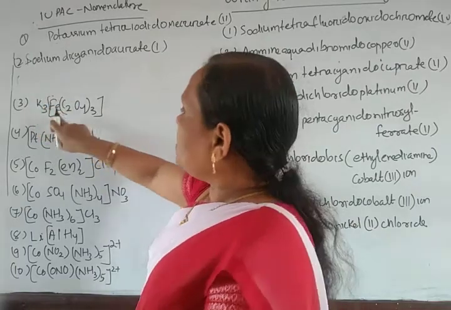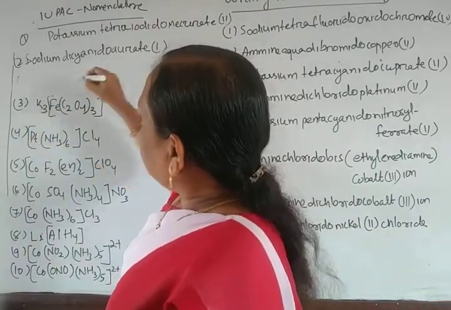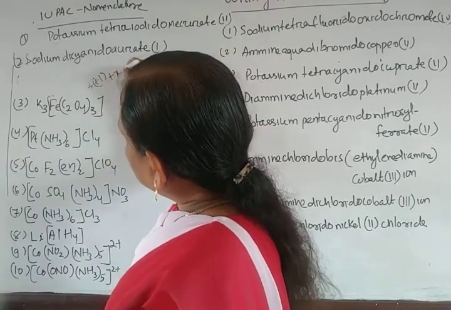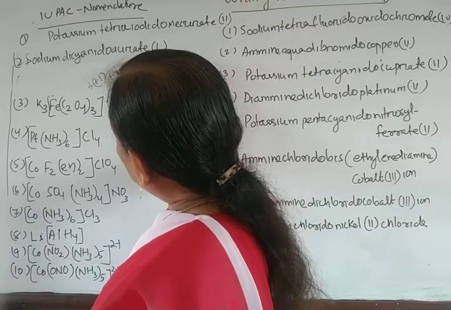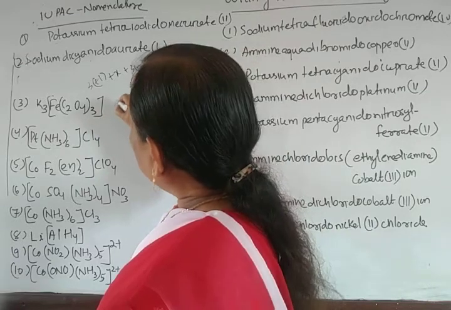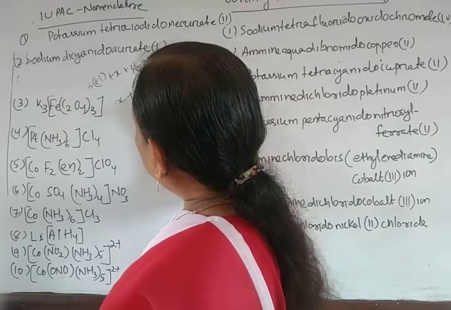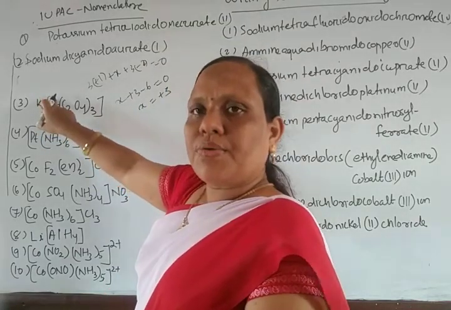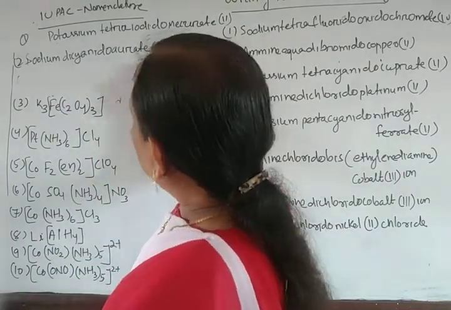The oxidation number is found to be 3, because look here, potassium has +1, so 3 into +1 plus X plus 3 into -2, all total equals 0. So X plus 3 minus 6 equals 0, X equals +3. So the oxidation number of iron here is +3. What is the name of this compound?